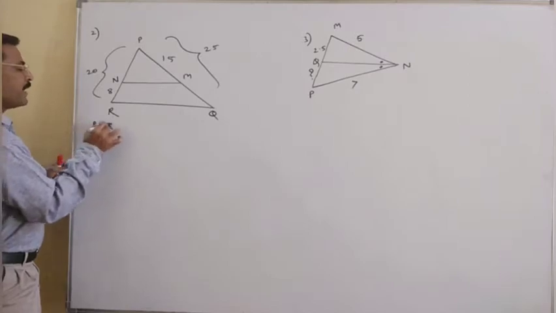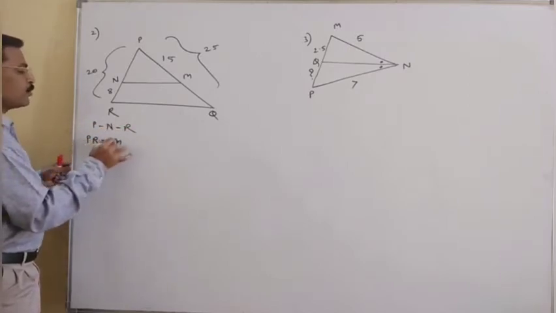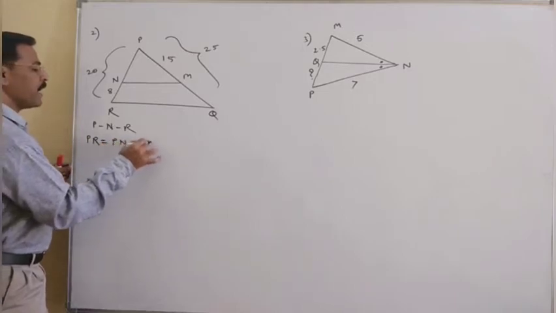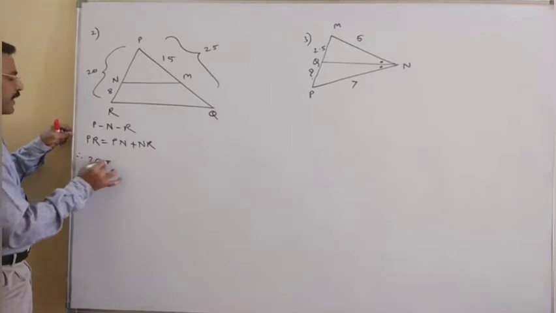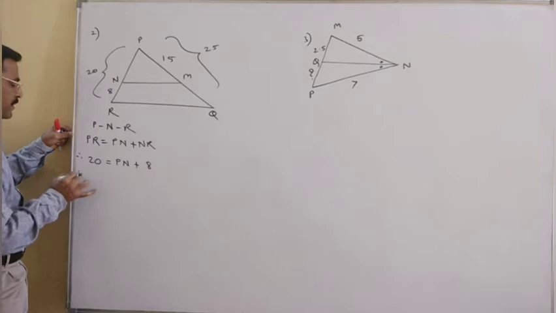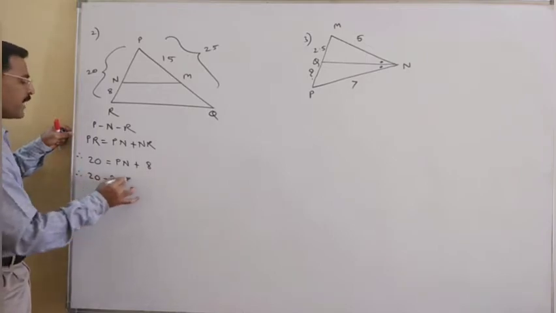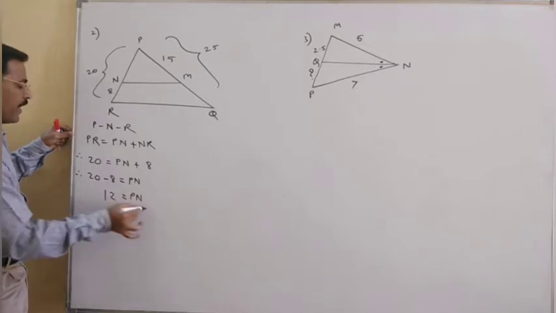In PR, PR is equal to PN plus NR. Now just put the values. What is PR? Which is 20. PN we have to find. NR is 8, means 20 minus 8, which is PN, that is nothing but 12.